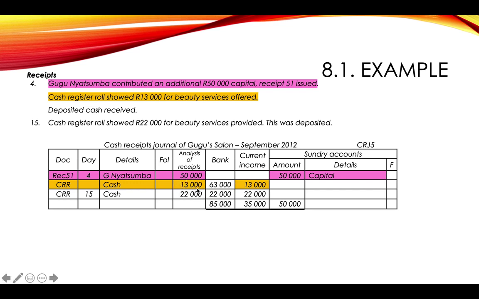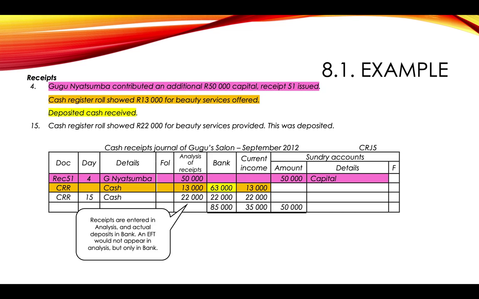The amount that you received was obviously 13,000, but remember the amount must go in two places because there are always two accounts involved. So one is going to be in my cash or analysis of receipts column because I received the hard cash, and the other one will be in current income because it was for my beauty services offered. That is what my business does. That's my main form of income.